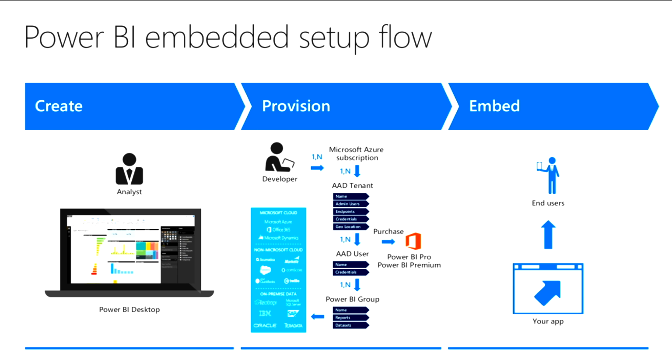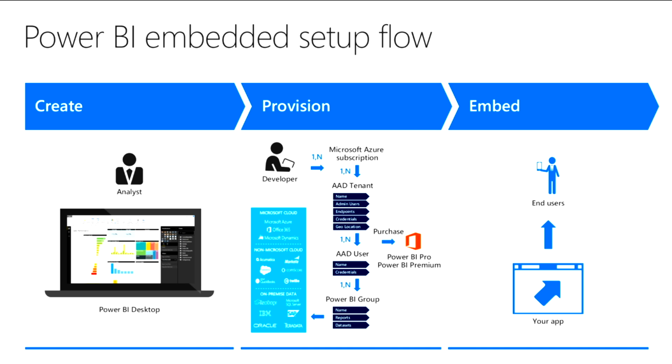There will be an AAD user here that will define the security credentials. So when your application logs into Power BI to get the reports, you need Power BI to recognize your application. This would be done with the AAD user. And then you'll have workspaces within Power BI, which are parallel to the workspaces that you had in Azure.